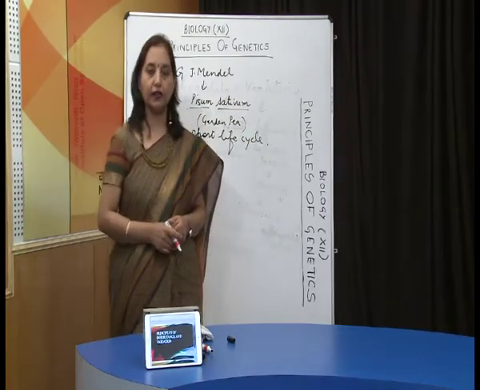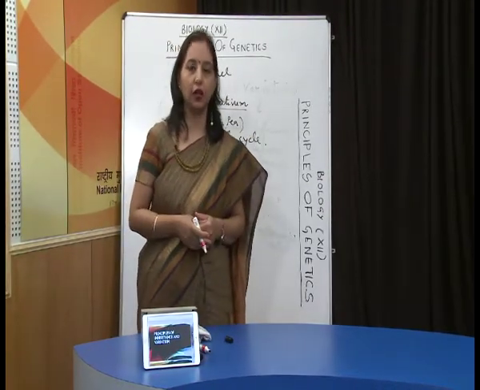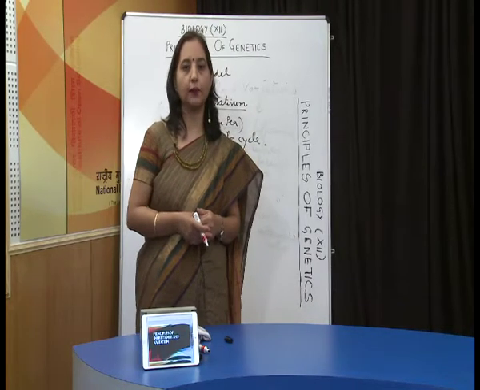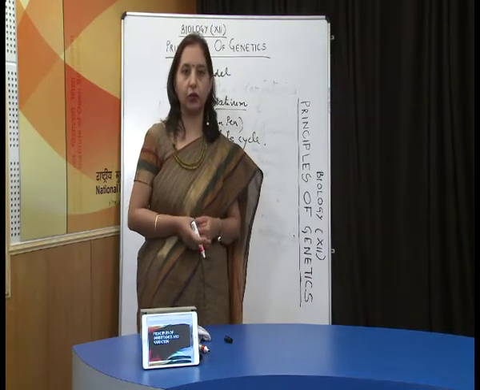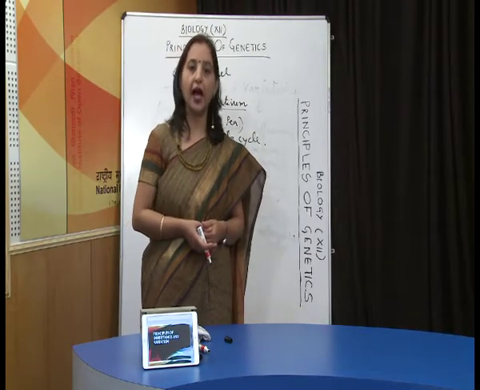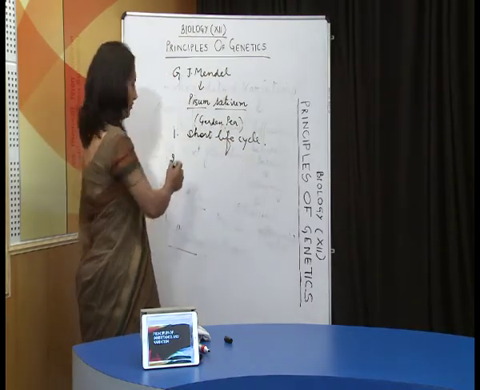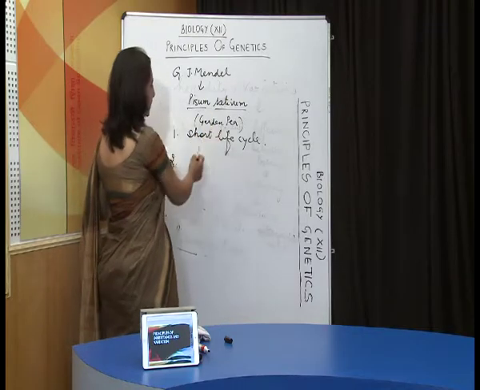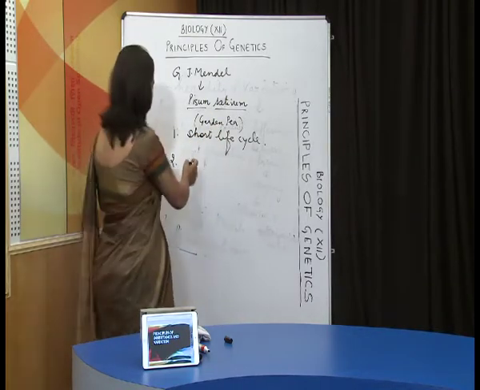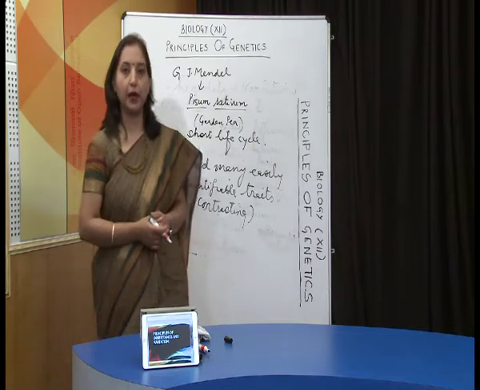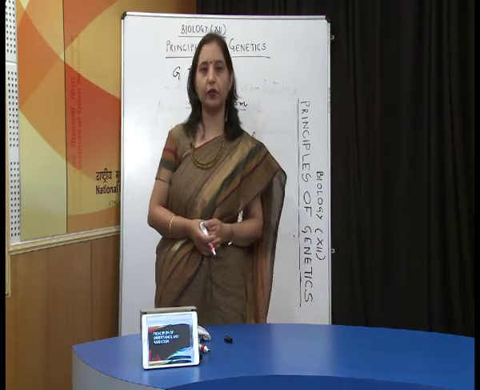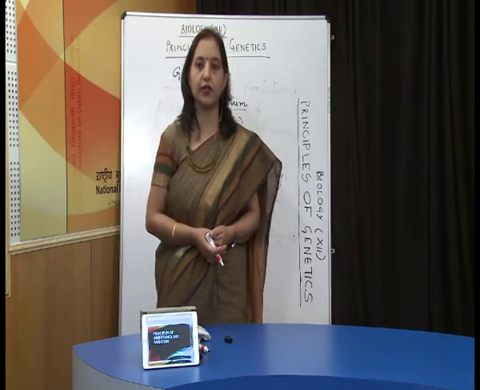Since for the study of inheritance, one has to study many generations, the experimental plant has to have a very short life cycle. The second reason was garden pea had many contrasting, easily identified traits or characters.